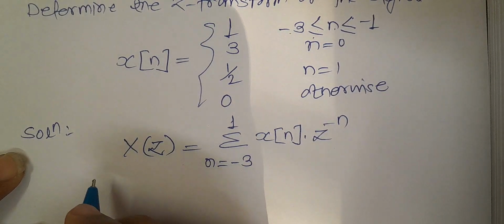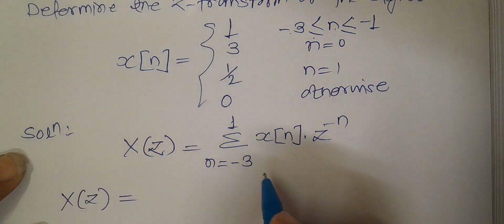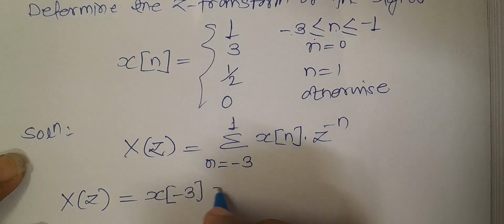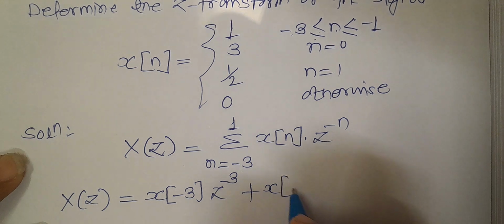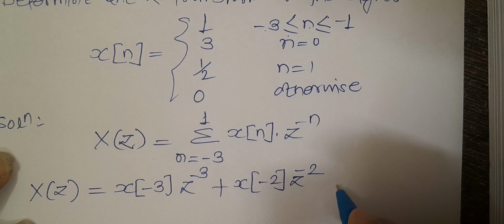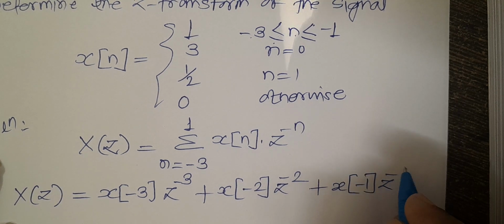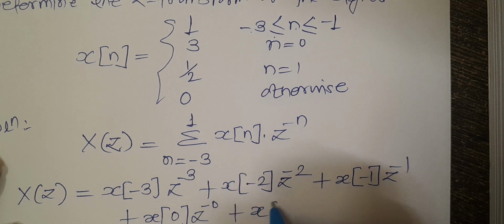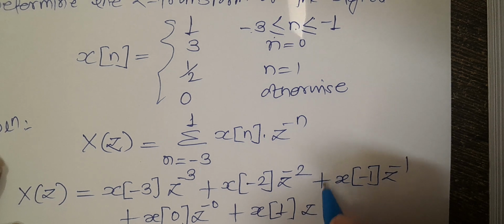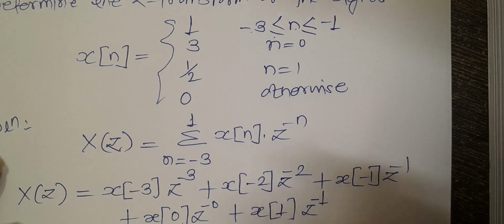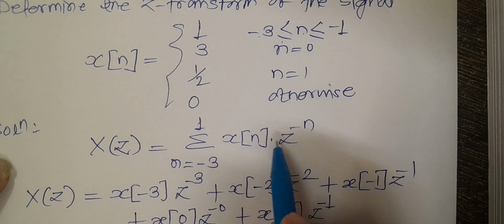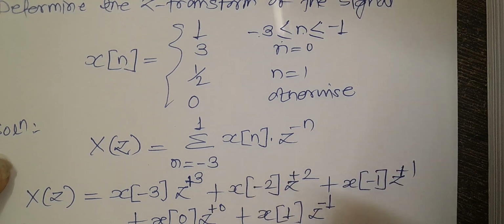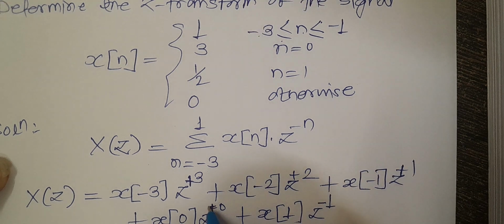So X of z is equal to x of -3 into z raised to power 3, plus x of -2 into z raised to power 2, plus x of -1 into z raised to power 1, plus x of 0 into z raised to power 0, plus x of 1 into z raised to power -1. Here minus times minus gives plus, and the last term is zero.